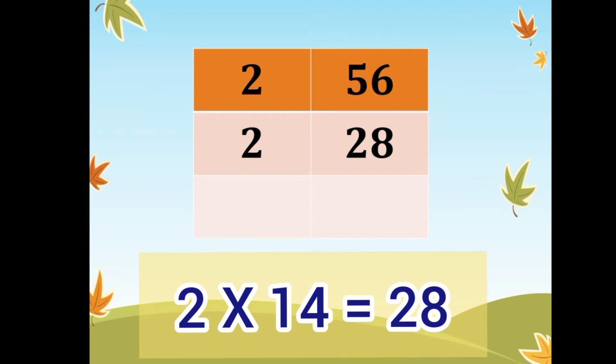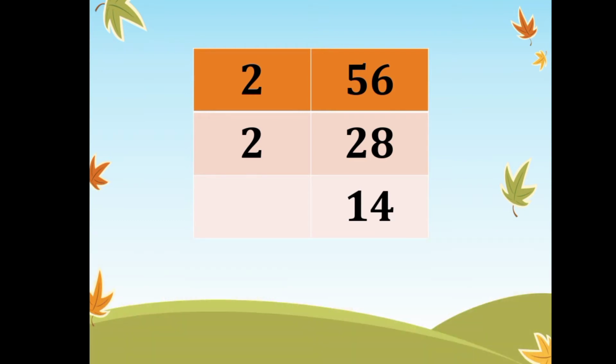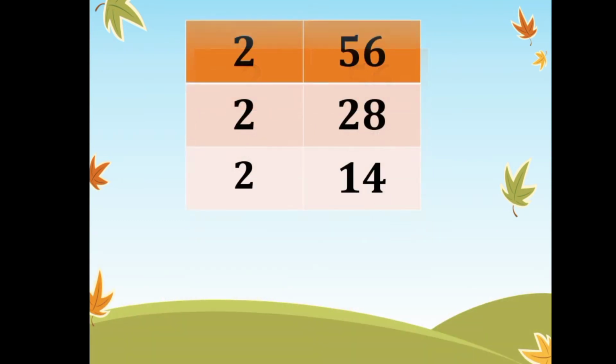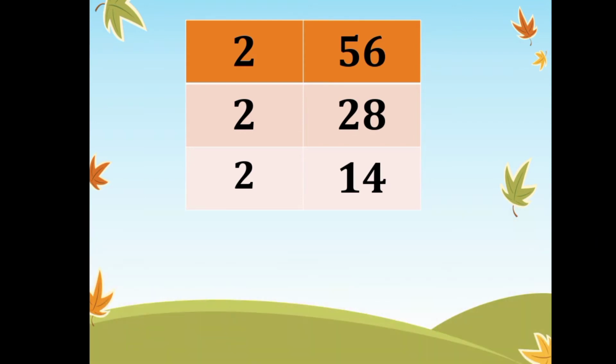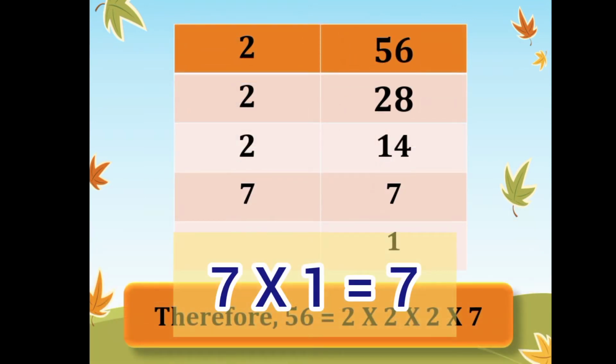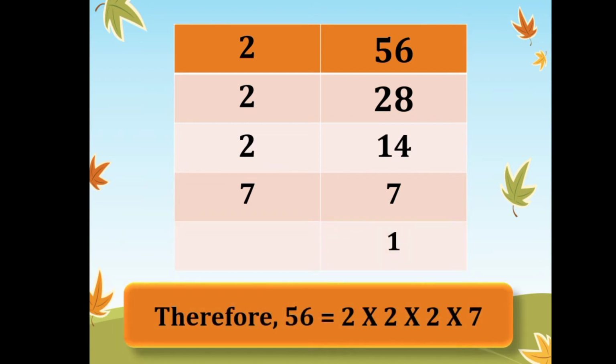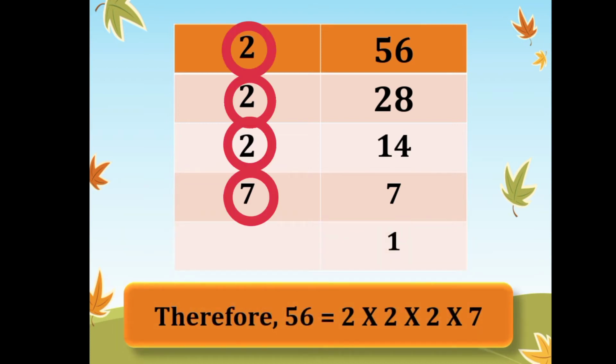Again, 28 is divisible by 2, that is 2 multiplied by 14 gives you 28. And 14 is 2 multiplied by 7. And 7 ones are 7. So on the left-hand side all the divisors are given. Therefore 56 is equal to 2 multiplied by 2 multiplied by 2 multiplied by 7.